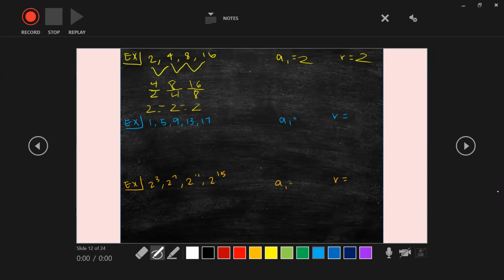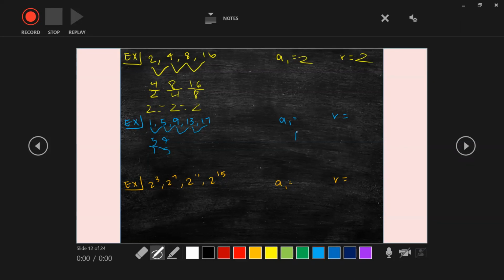So we pick consecutive terms. Colton, give me an example of consecutive terms. 5 and 1. Yep. So we did 5 divided by 1. He did 9 divided by 5. And those are not equal, right? Because 5 divided by 1 is 5. What's 9 divided by 5?